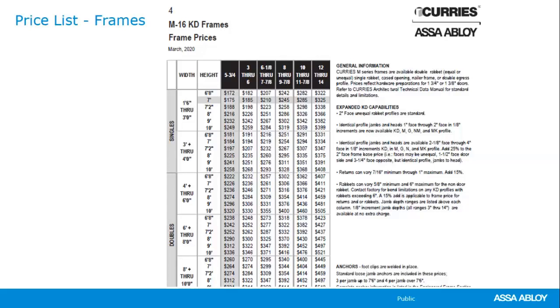Those are included in the price of your frame. Then you have loose anchors that are included in the price. If, however, you need welded-in type of anchors, those are an additional charge, and we'll be showing you where you can find those adders in the price book.